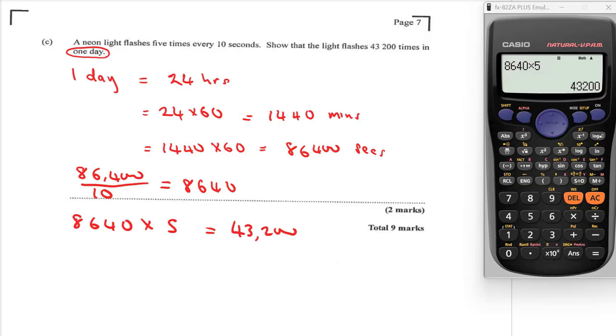So I get 86,400 seconds in a day. Then I read back the question. The neon light flashes 5 times every 10 seconds. So I divide these seconds by 10 to get how many times I can get 10 into the 86,400. And then I multiply by 5.